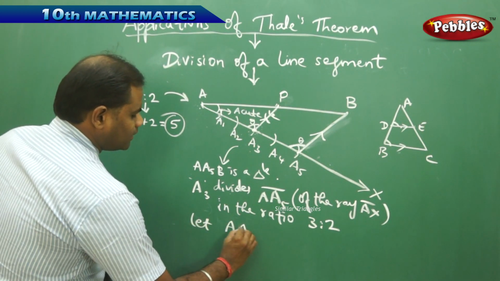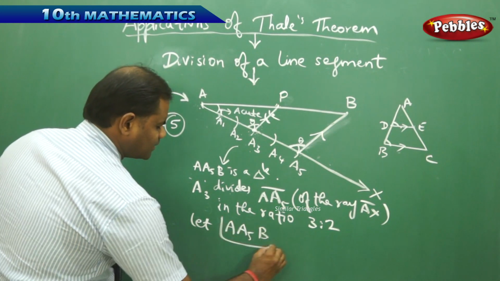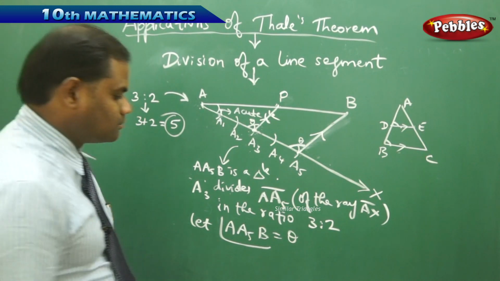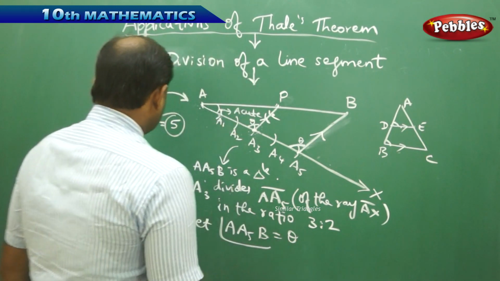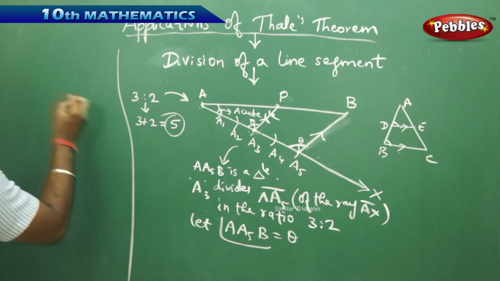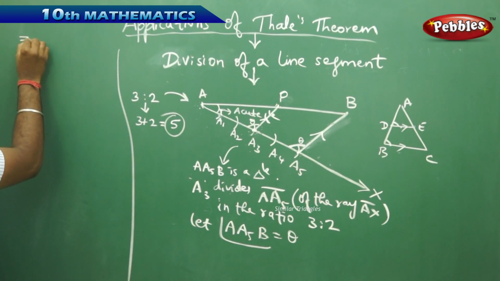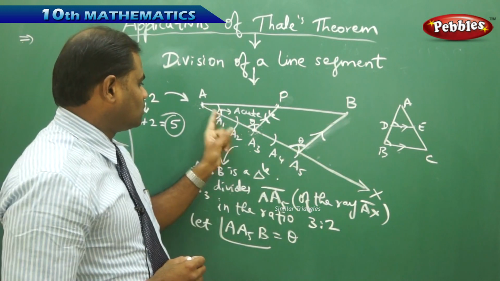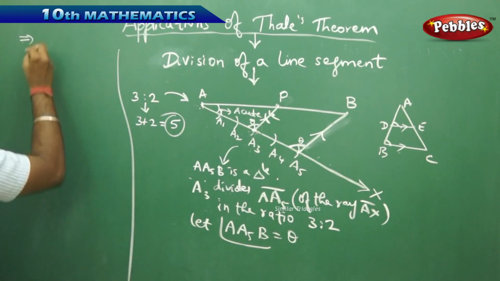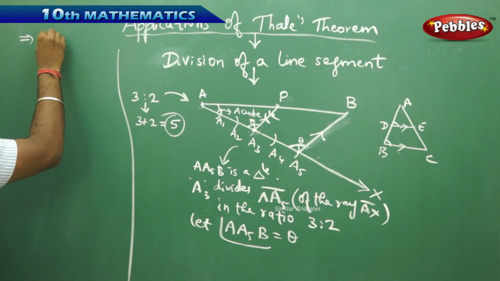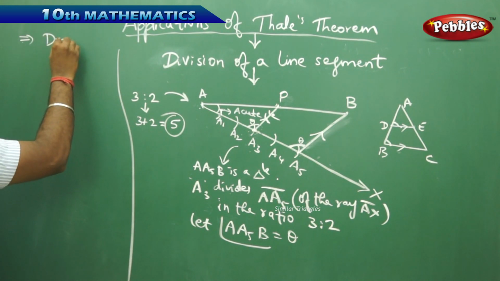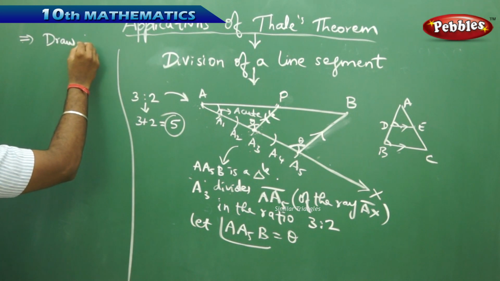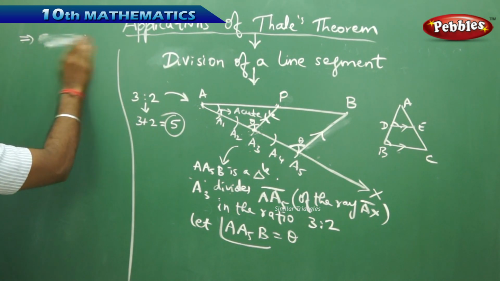let angle AA5B, which I have taken as theta, let me assume this to be theta. That implies, because AA5B is theta, I also make an equal angle.